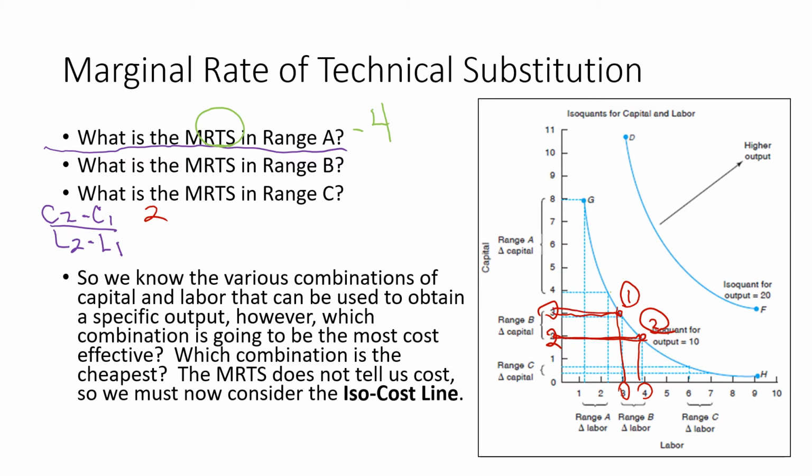Capital at point 1 is 3. Labor at point 2 is 4. Labor at point 1 is 3. So 2 minus 3 is -1. 4 minus 3 is 1. So marginal rate of substitution is -1, which means that at that point we would trade 1 unit of labor for 1 unit of capital in order to get the same amount of output.